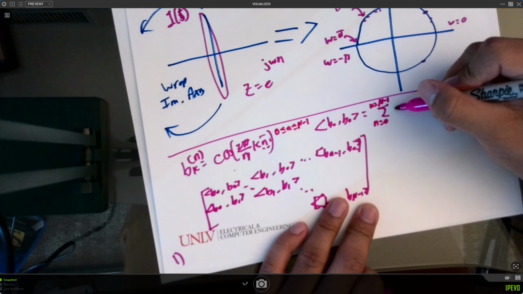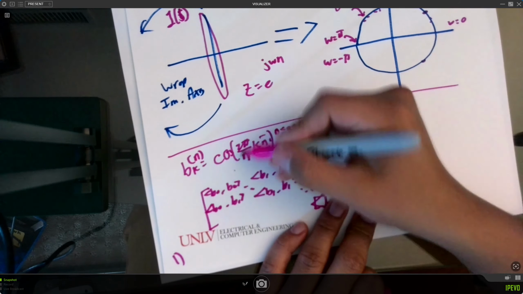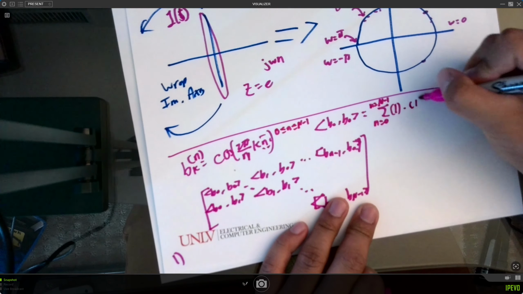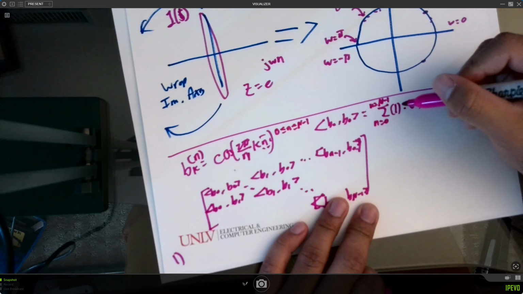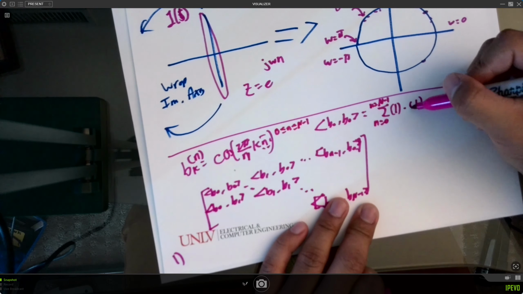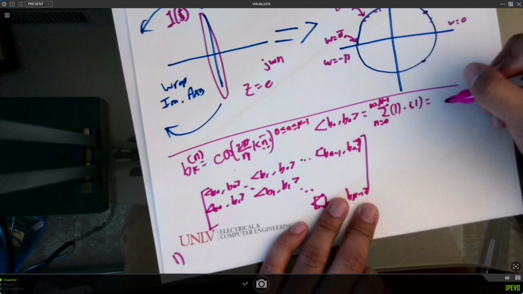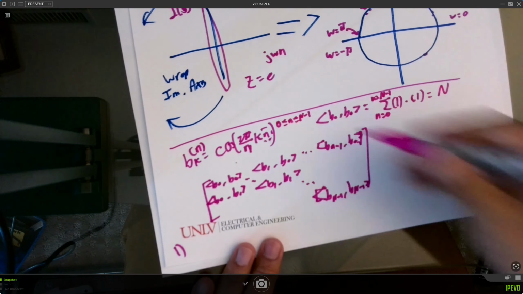Well, at the first point, we're just going to get 1 because that's what cosine is at cosine 0. And then 1, which is going to equal, well, if we add 1 n times, what do we get? N. There we go.